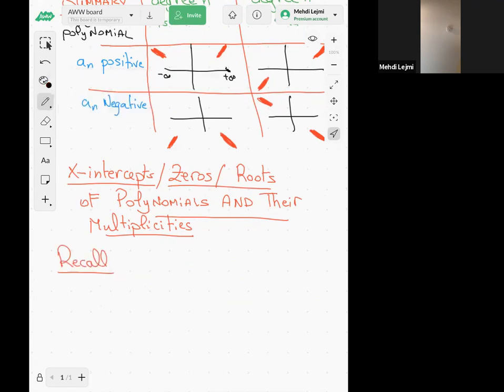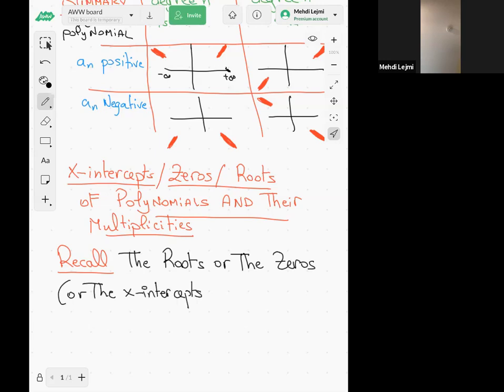So the zeros, what I call the roots, or the zeros, or the x-intercepts, are the solutions of f of x equal to 0.